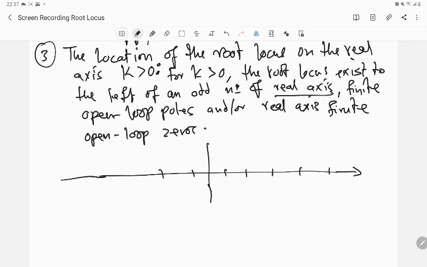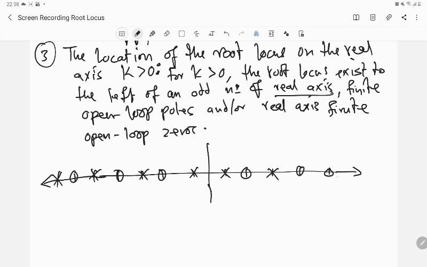and poles, let's say there's a 0 here, a 0 here, a pole here, a 0 here, a pole here, a pole here, a 0 here, a pole here, a 0 here, pole, 0, pole. Okay, so these are a number of poles and zeros.